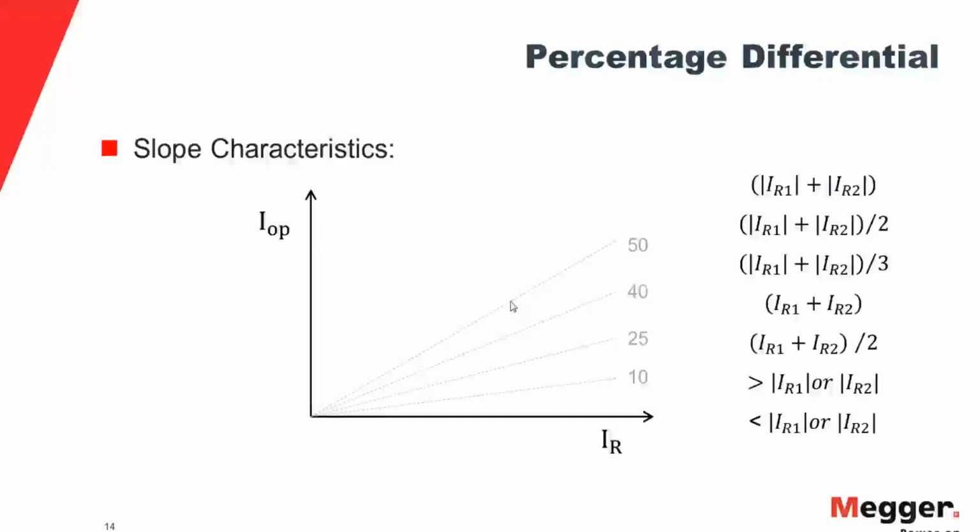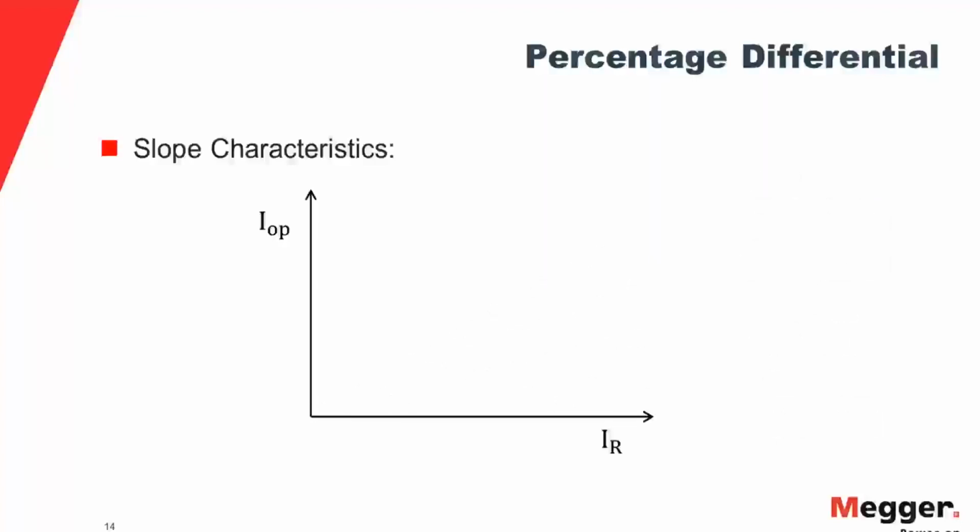Different manufacturers use different calculation methods. I have presented here some of the most common calculation methods. It could be the magnitude addition of the currents through the two restraint coils, or it could be an average of that, or it could be divided by 3 of the currents going through the two restraint coils, or as you see here, it could be greater of the two, or it could be lesser of the two as well.